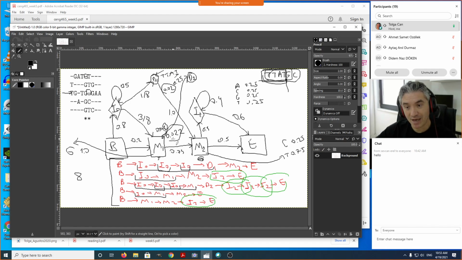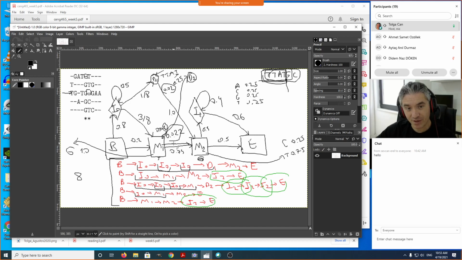So this one seems to have a higher probability, but if I'm going to choose this path, I need to multiply this 0.02 again with 0.75, right? Because the transition probability from M1 to M2 is 0.75.